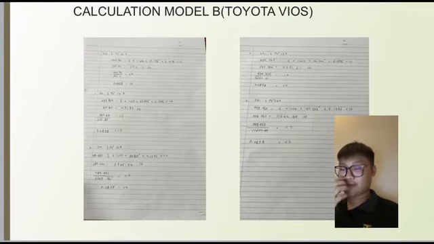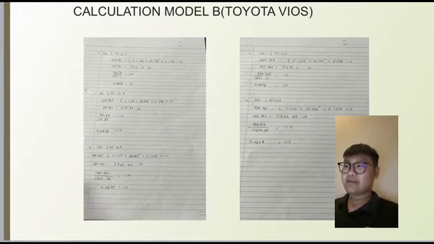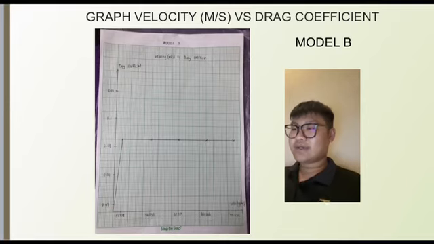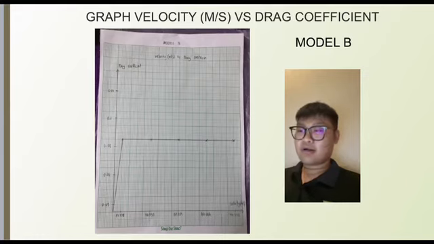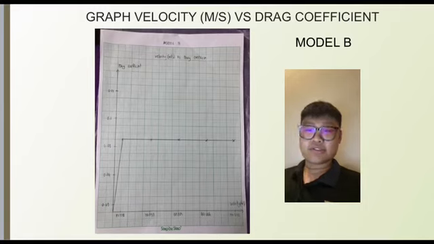For my calculation for the Toyota Vios, the drag is 1/2 rho V squared Cd A, and all the results are 0.0858. In the graph, the x-axis is the velocity and the y-axis is the drag coefficient. The data I collected is 0.0858.